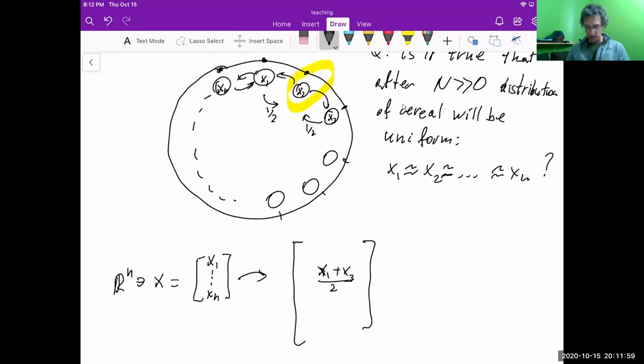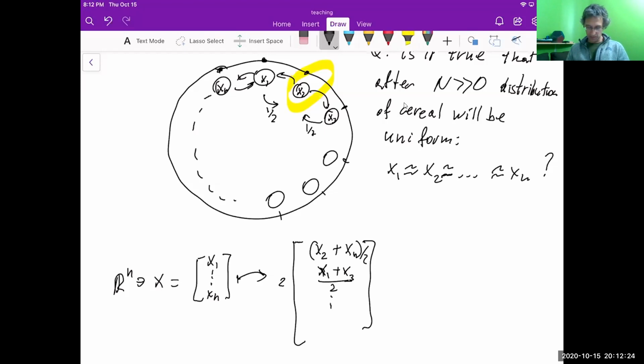So that's what he will have in position 2. That's how much kid 2 will have after this operation. What about kid 1? Well, he has half of the cereal of his neighbor on one side, which would be x2, and half on the other side, which would be xn. We are, after all, in a circle.